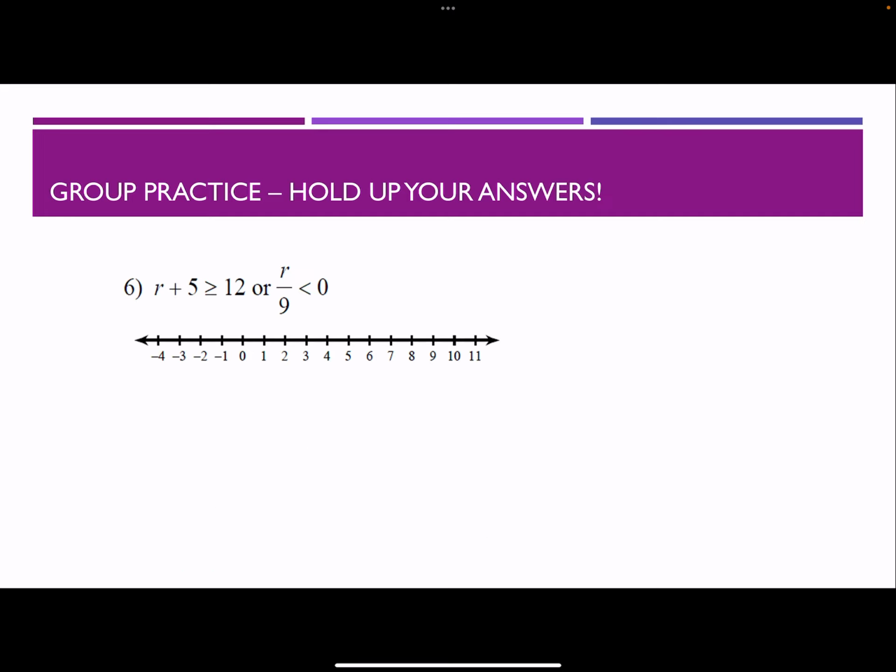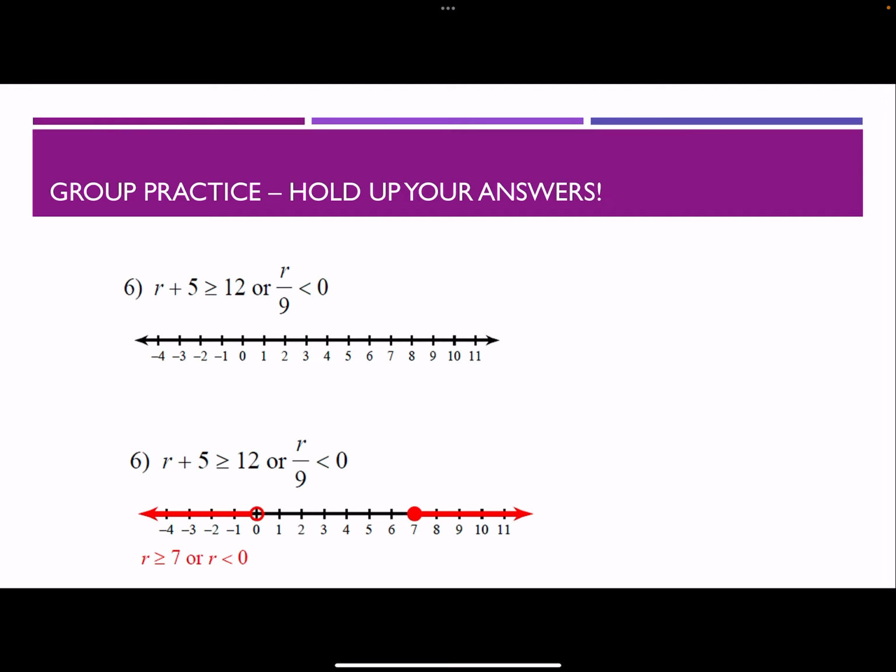All right, here's another one. So again, pause the video. You can work on this. Okay, so now here's the solution down here, and then your graph there in red.